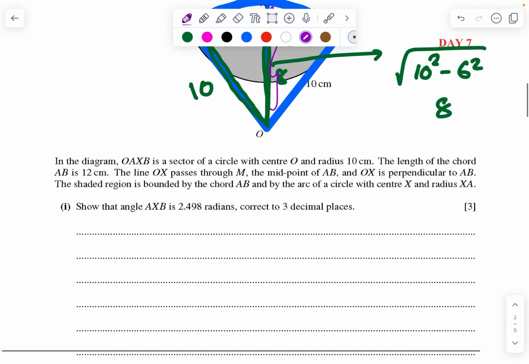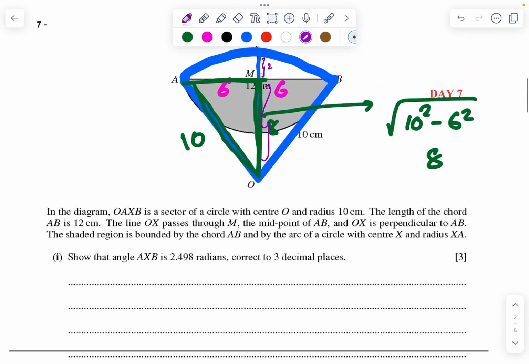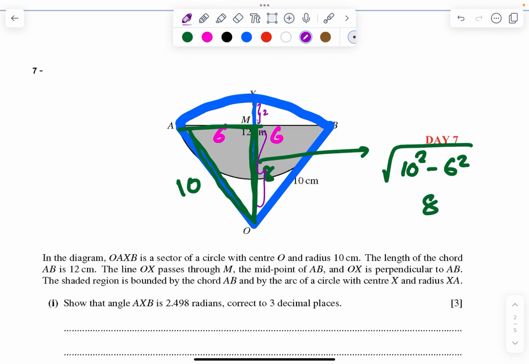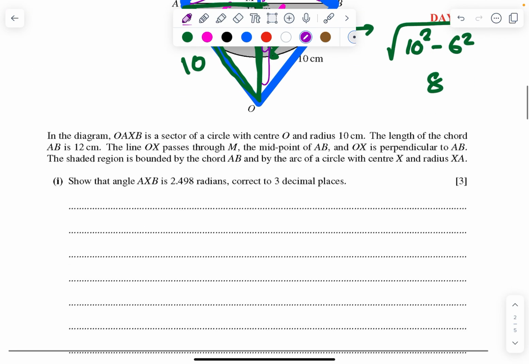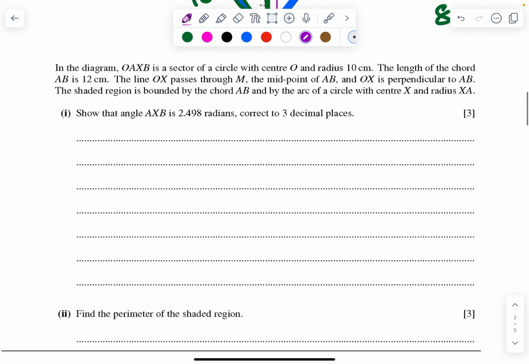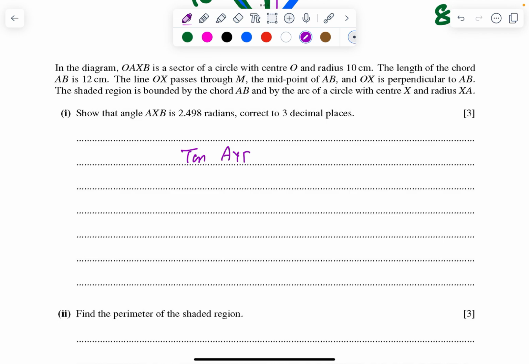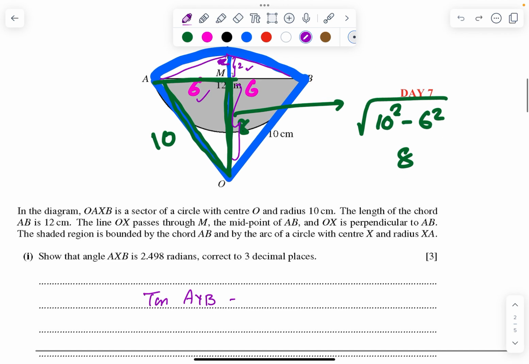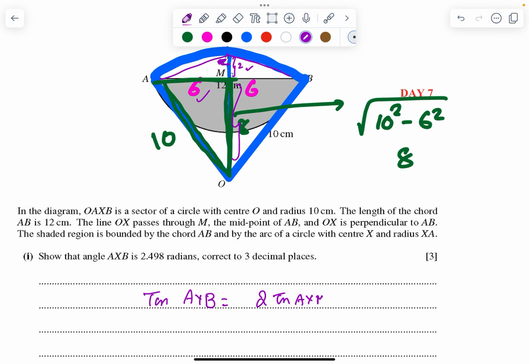Now he is asking for tan AXB. First of all, I'll find AXM. The opposite side I know and the adjacent side I know, so I'm going to use tan.